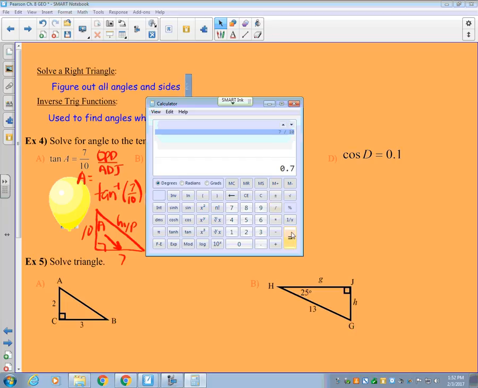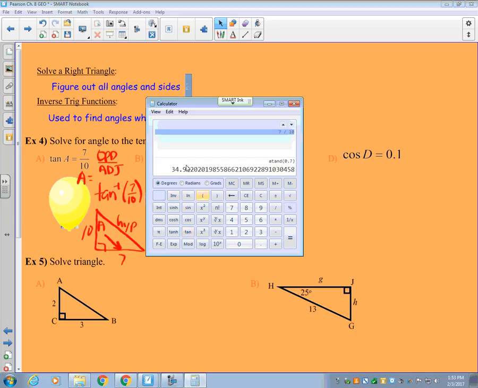So hit the equal sign, then make sure you're in degrees. You hit inverse, or for some students it's a second, like a little 2 with the ND on it. We hit the inverse and we want the tangent. The little -1 doesn't mean to the -1 power, it means inverse.